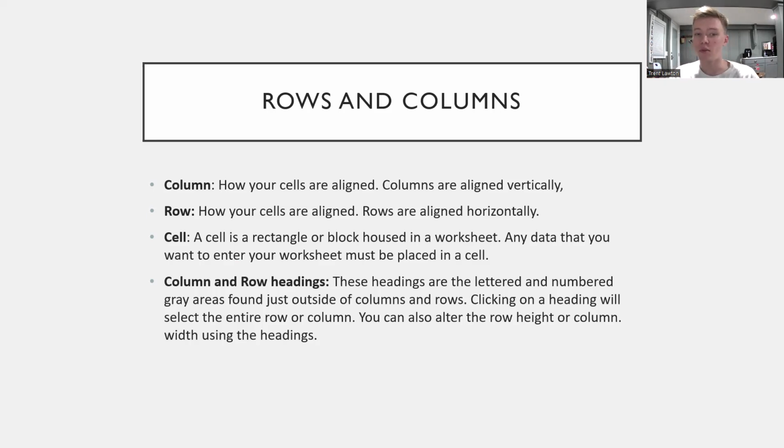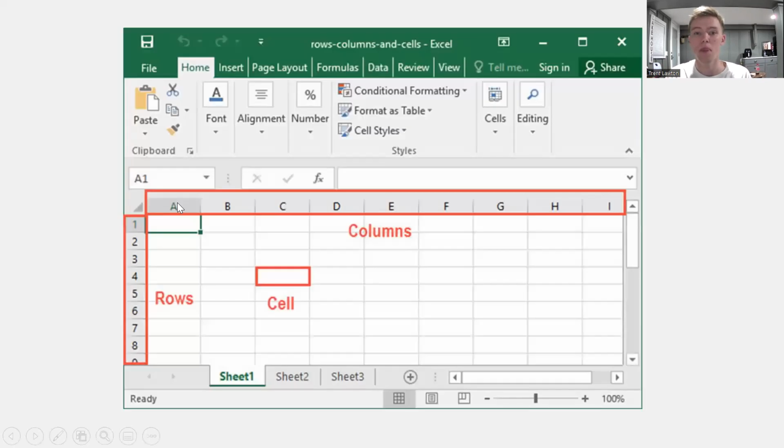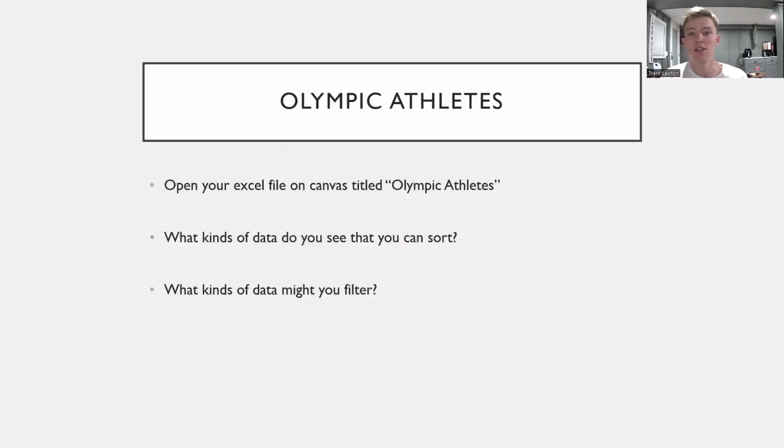So clicking on that will select the entire column or row, and you can also alter the row height or column width if you need to have more space for your words or numbers. So here's a little bit of a picture for that for you. You can see at the top is your columns A to Z, your rows are numbered, and then that little cell block right there, which there's a ton.